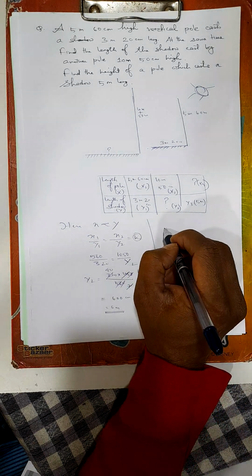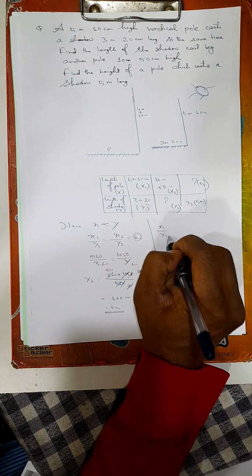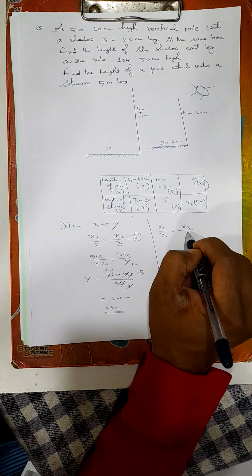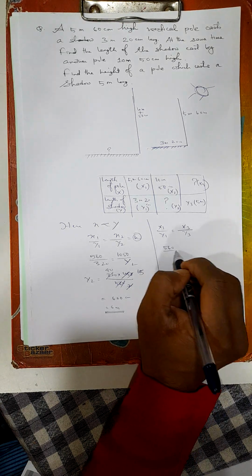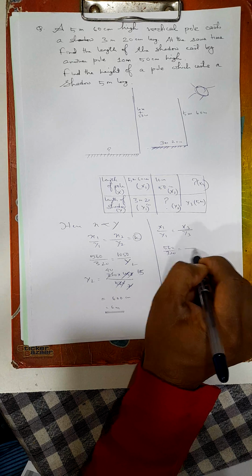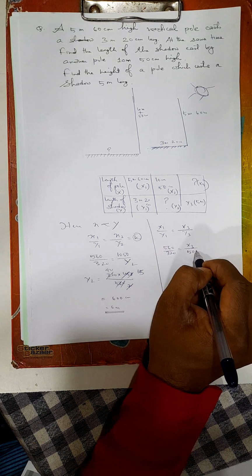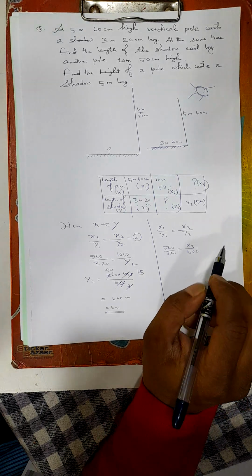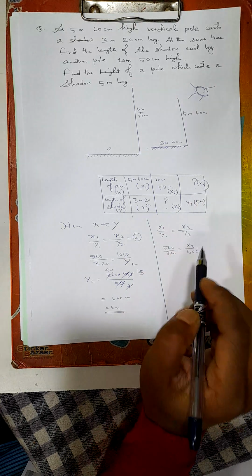Again you will write x1 by y1 equals x3 by y3. So 560 divided by 320 equals x3 divided by 5 meter, means 500 centimeter. This time we are given the length of the shadow. We have to find the length of the pole.